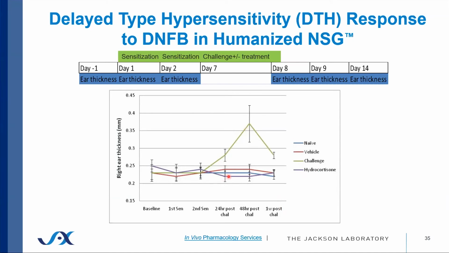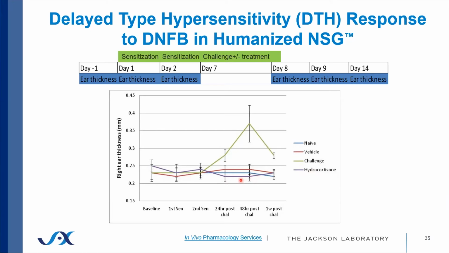Like I said, the other lines are various negative controls. The purple line are data points from a humanized NSG mouse that was sensitized and challenged, just like the mice in the green line, but they were then treated with the anti-inflammatory hydrocortisone. So this is just to show that the swelling is indeed due to inflammation and can be dampened by a typical anti-inflammatory like hydrocortisone.